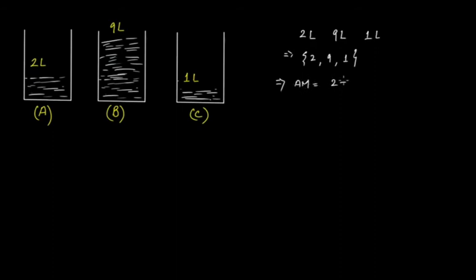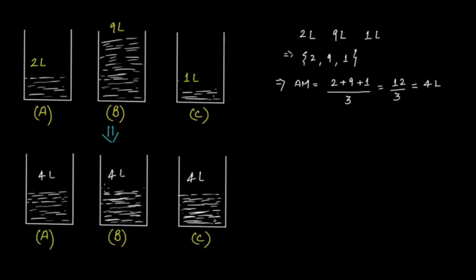So 2 plus 9 plus 1 divided by 3 gives 12 divided by 3, which gives 4, that is 4 liters. That is, each container should contain 4 liters of milk. That's what we have represented here.